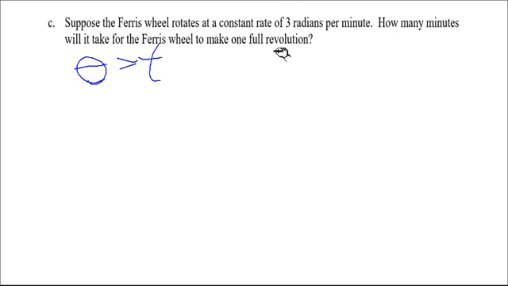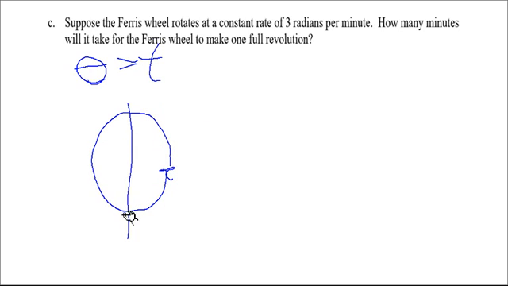So now, if we triple that, instead of a complete revolution of the circle corresponding to 2 pi seconds, now in a third of that amount of time, we are going to have completed a full revolution.